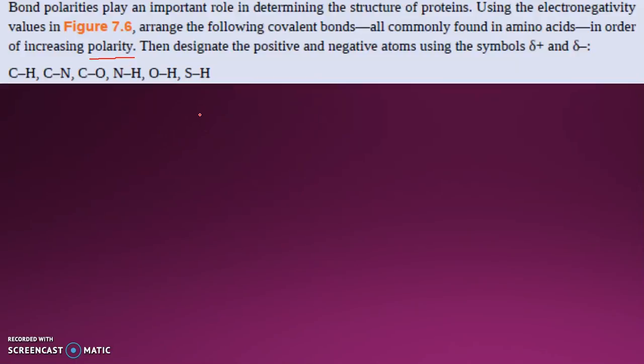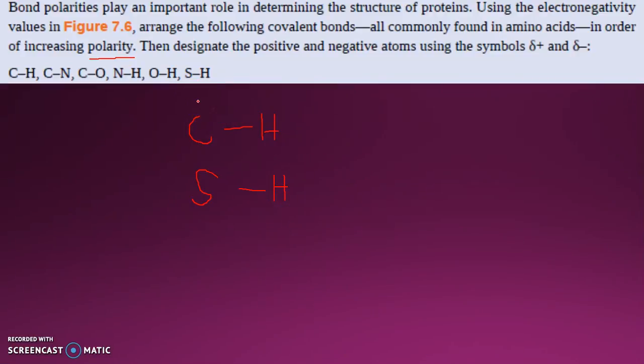All right, so there are two here that have equal differences in electronegativity. That would be carbon with hydrogen and sulfur with hydrogen. Both of those have an electronegativity difference of 0.4. So those are the two least polar.